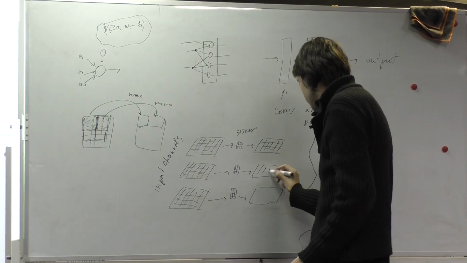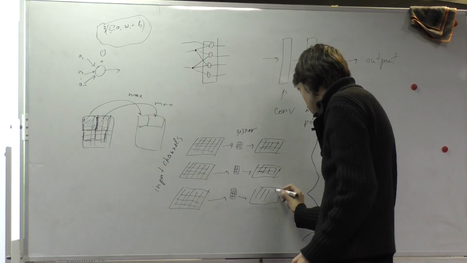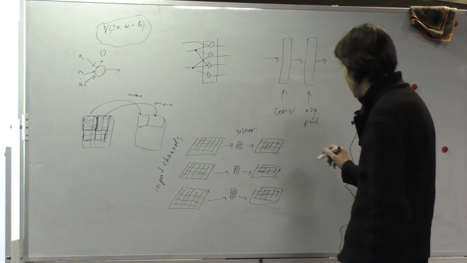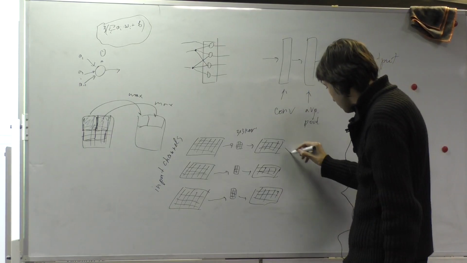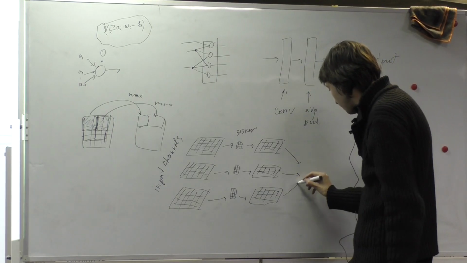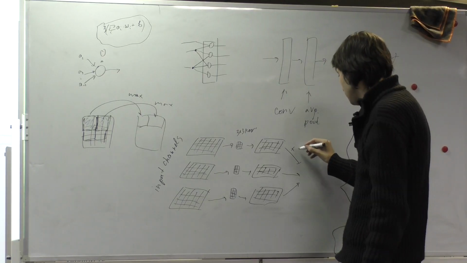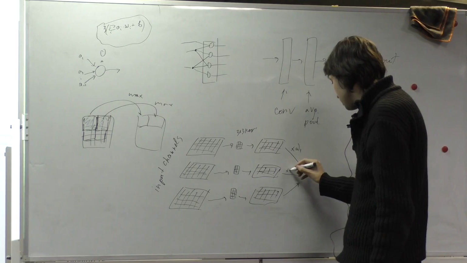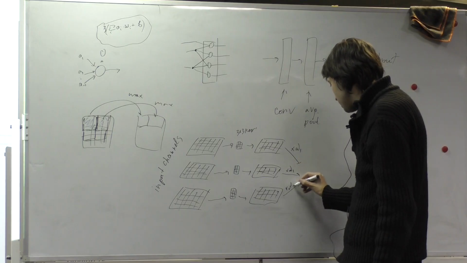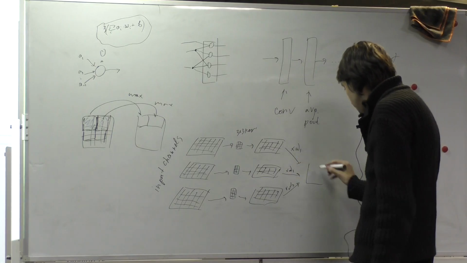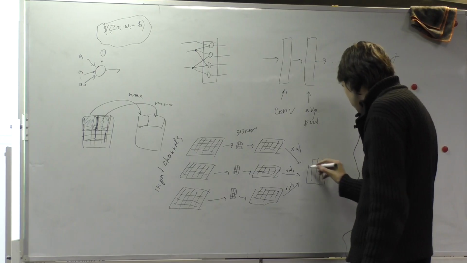So here you have results of the convolutions. Then you add them together, multiplied by some additional coefficients. Call them omega 1, omega 2, and omega 3, and you get your final output.